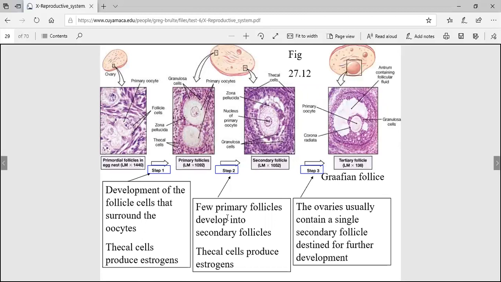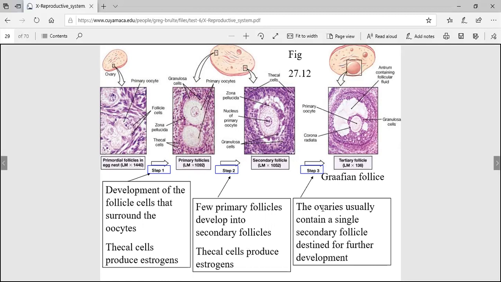I'm not going to get too hung up on this, but I mentioned thecal cells. It's a little more complicated than this, but let's just say they help produce estrogens. A few primary follicles develop into secondary, and now you've got thecal cells making more and more estrogen during this time of the cycle.